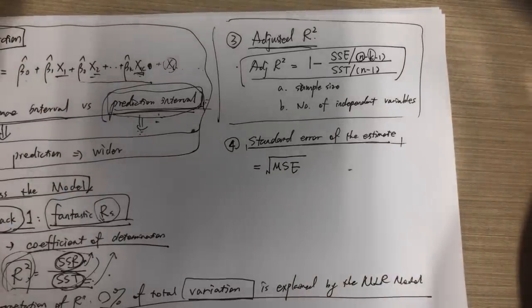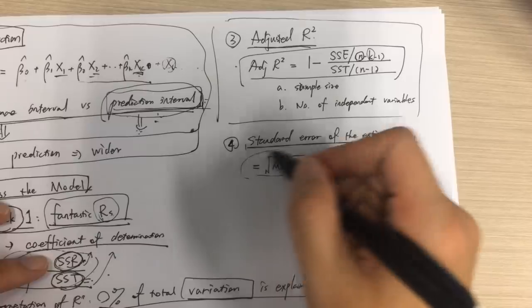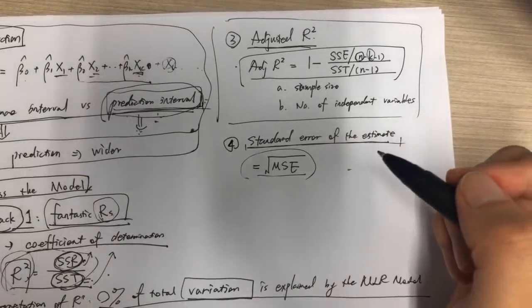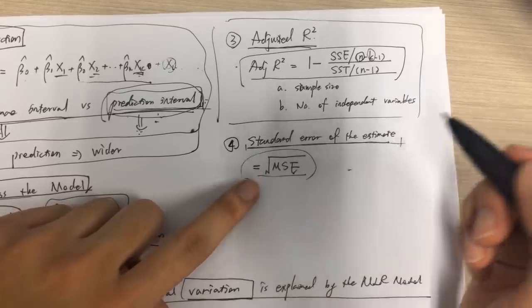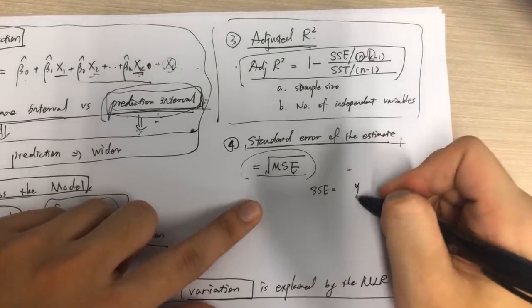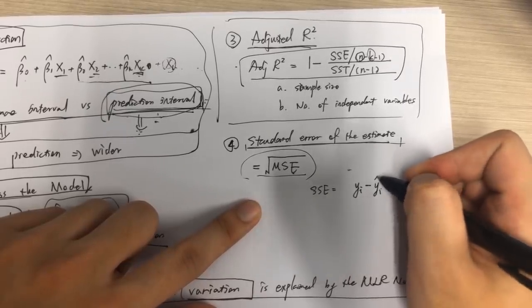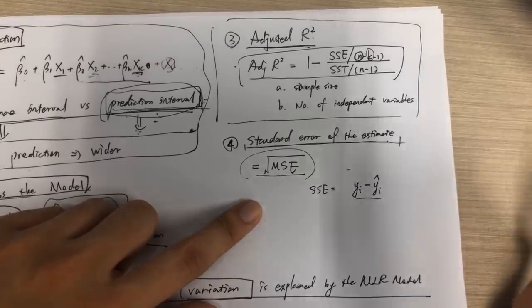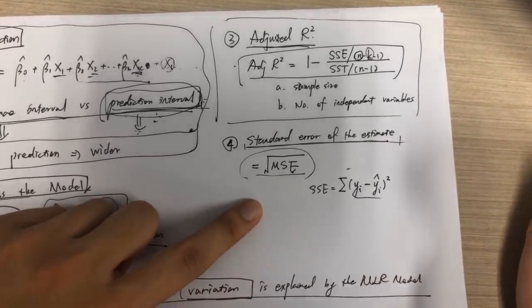So it just stands for the standard deviation of the residual, okay? Because we know that SSE is calculated by the residual sum of squares. It's yi minus yi hat. This is just the residual, right? So we square it and take the sum of it, right?